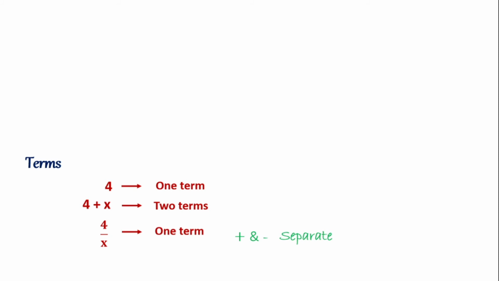Only plus and minus separate the terms, whereas multiplication and division do not. Let's see the fourth example, 7 plus x minus y. As we have plus and minus in this, this expression has 3 terms. And what about 7x?